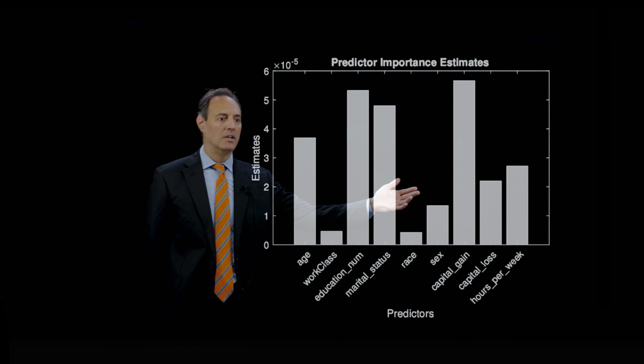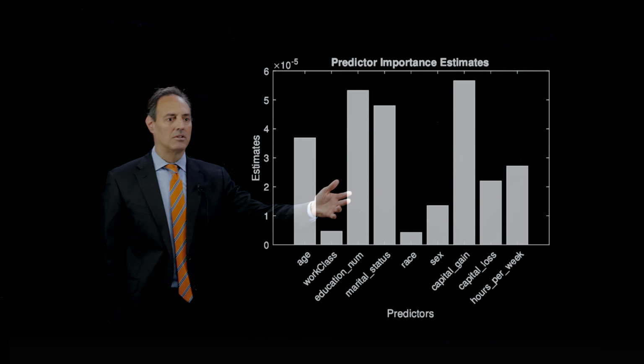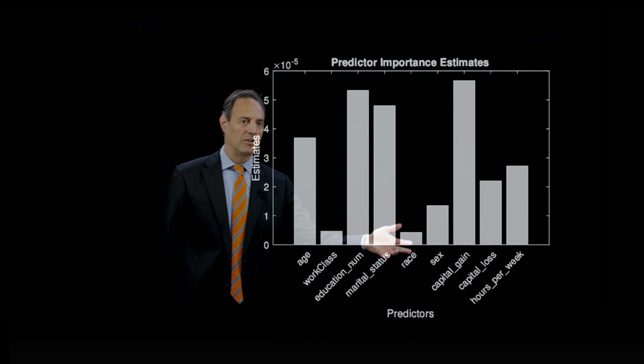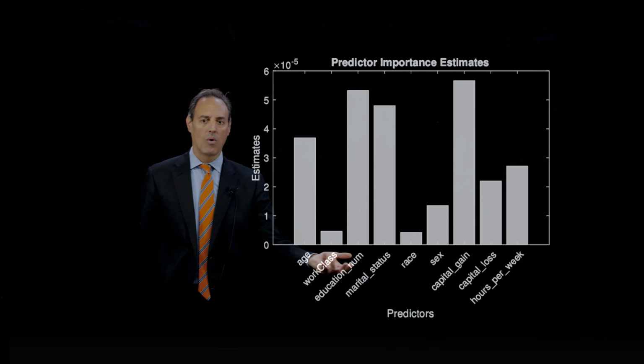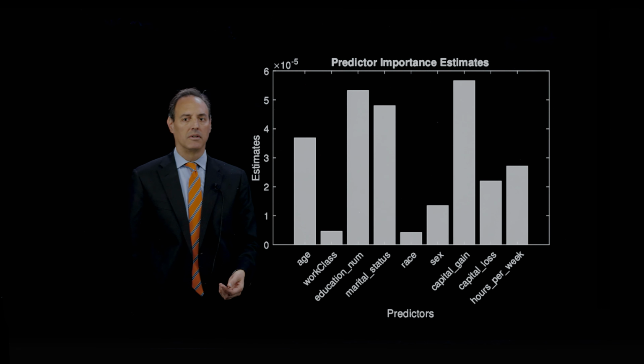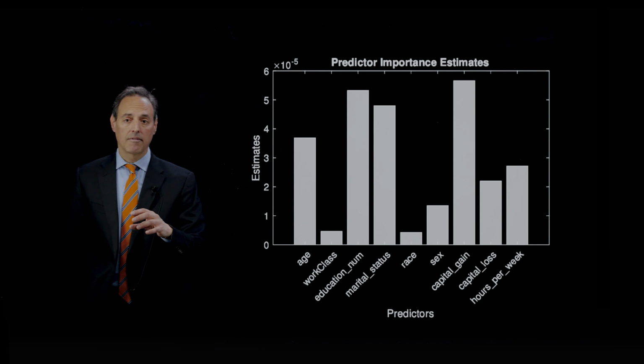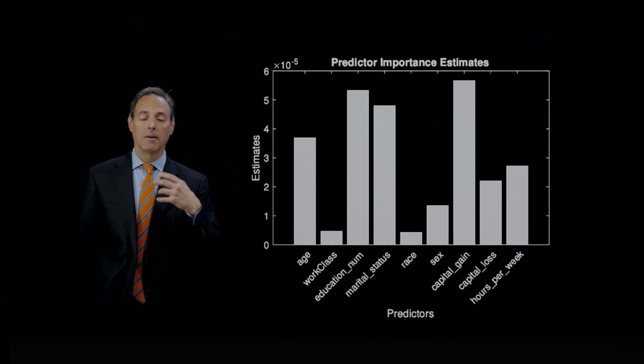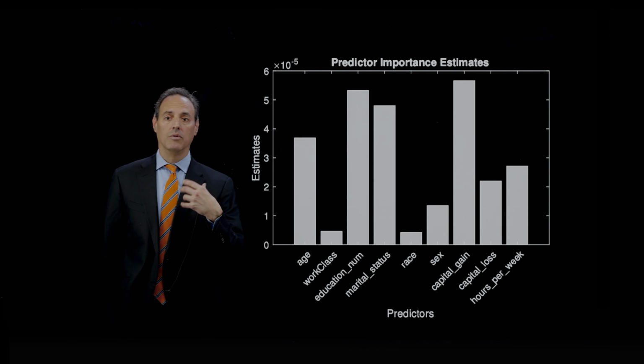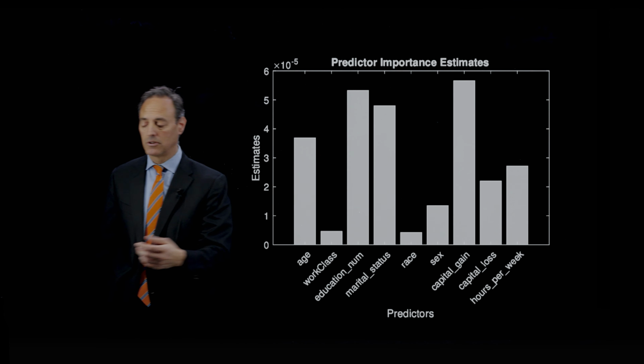So, right, you know, capital gain, age, education, these kind of things are, in fact, gives you a score for each of them as a predictor, an indicator for the outcomes that they have. So these are kind of nice diagnostic tools, again, built right in to the classification tree architecture.